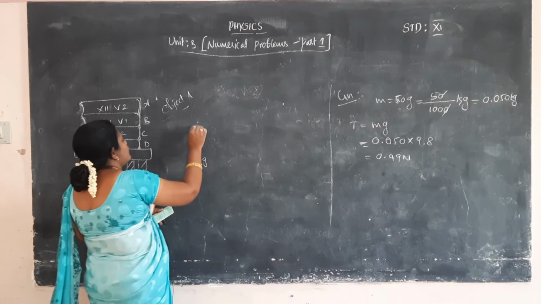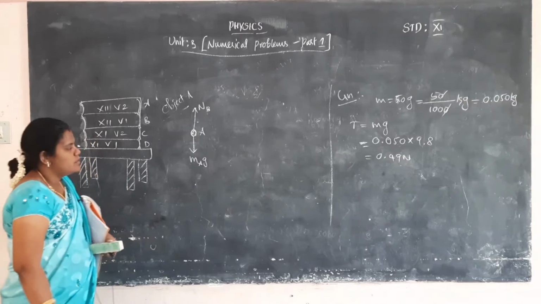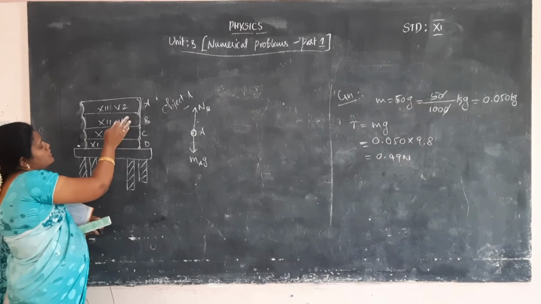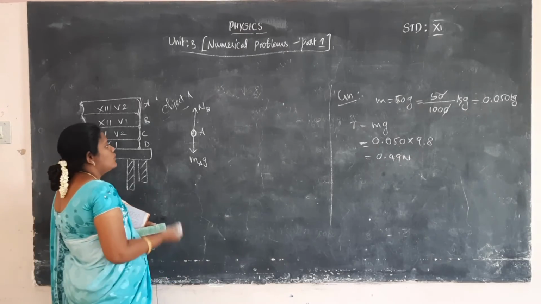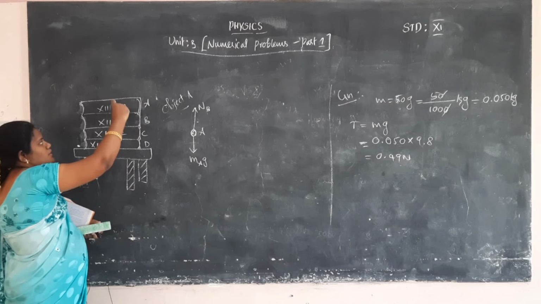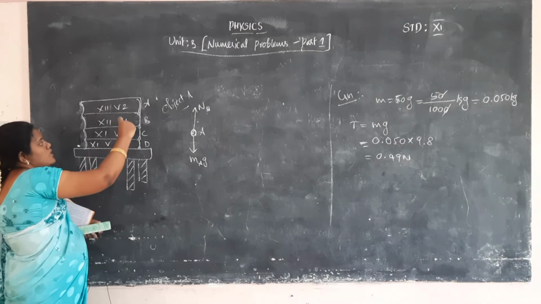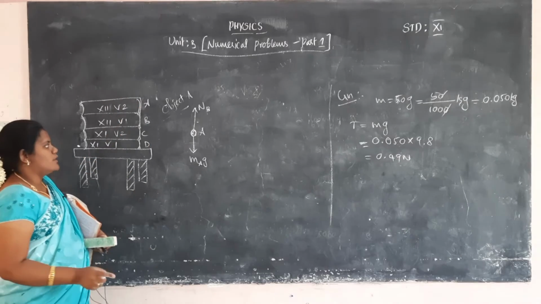That is the normal force, acting by object B. That's all, because body A gives the downward force and body B gives the normal force on the first body. So two forces will be acting.